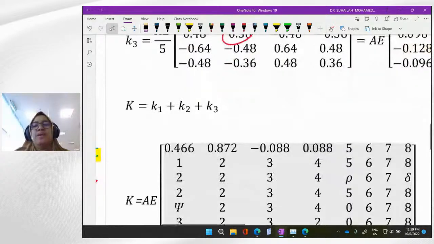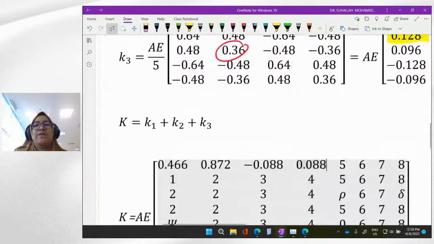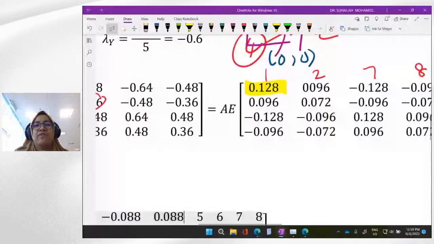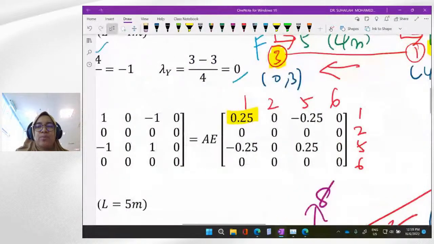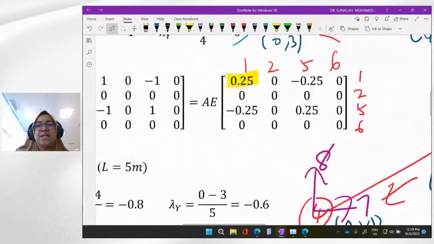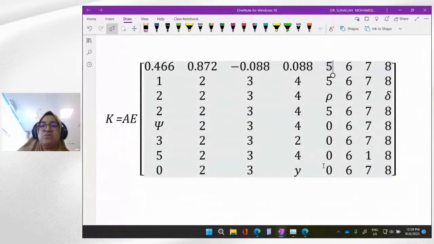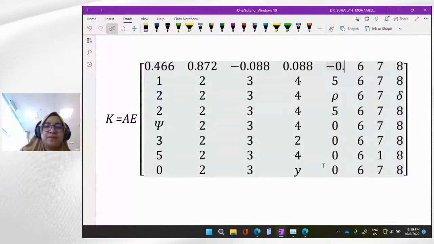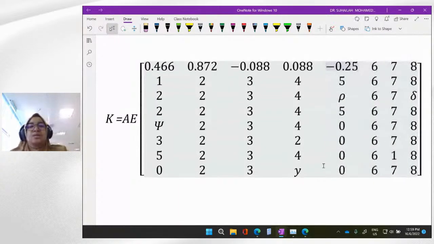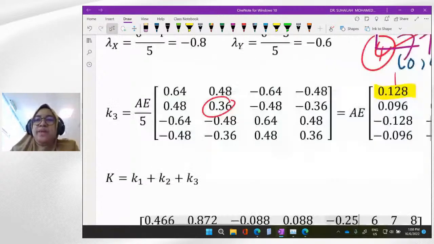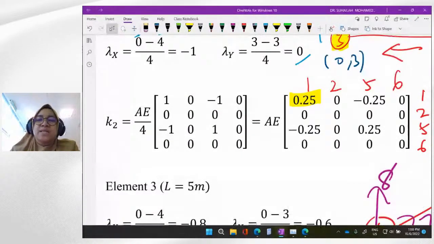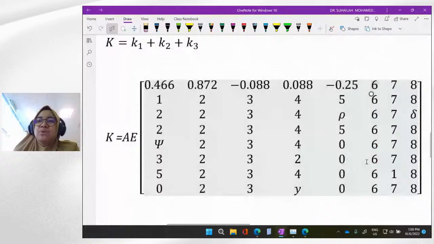Okay, we move to position 1, 5. We get 1, 5 from K2, and it is negative 0.25. Now 1, 6 we also get from K2. 1, 6 is equal to 0, so the value is 0.